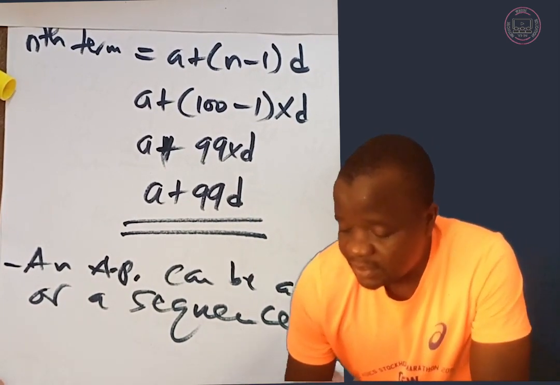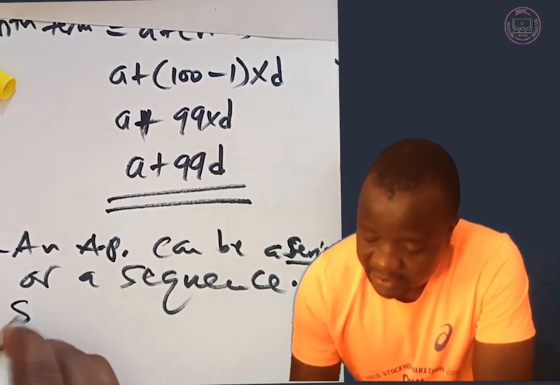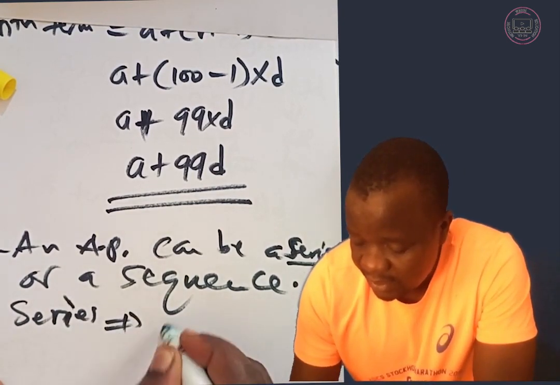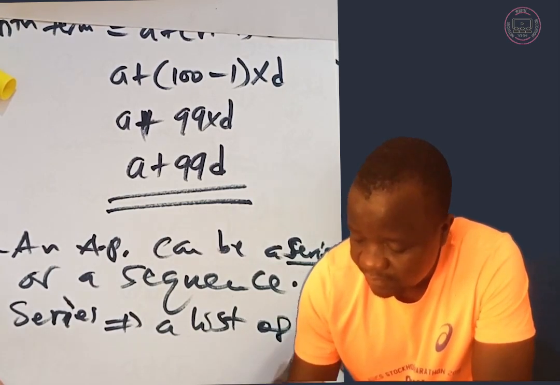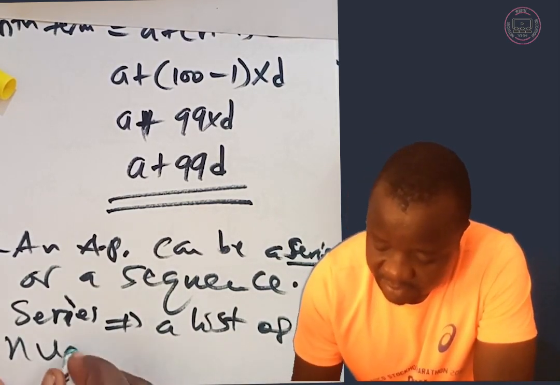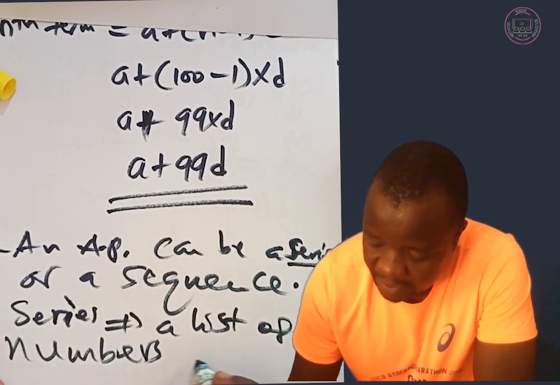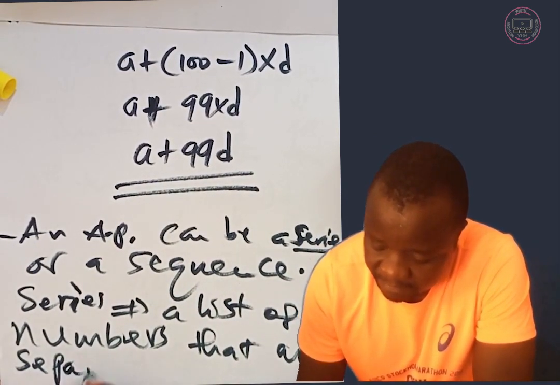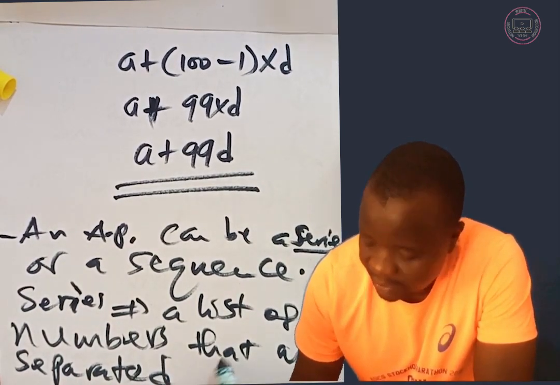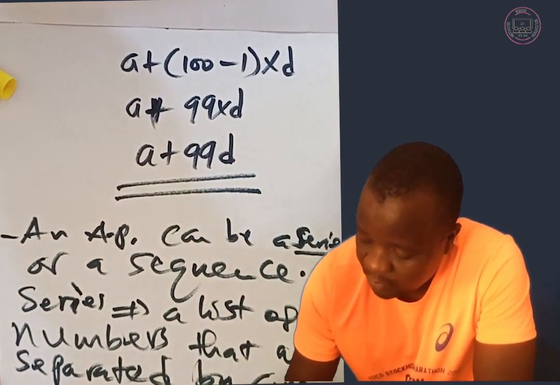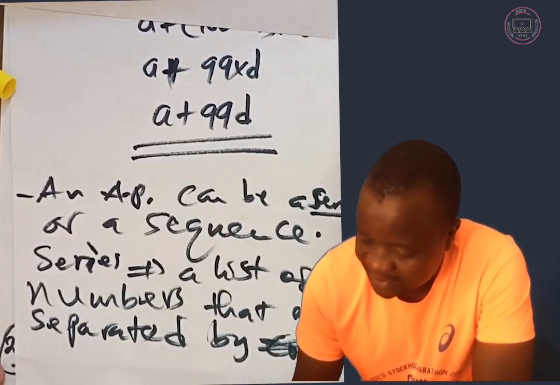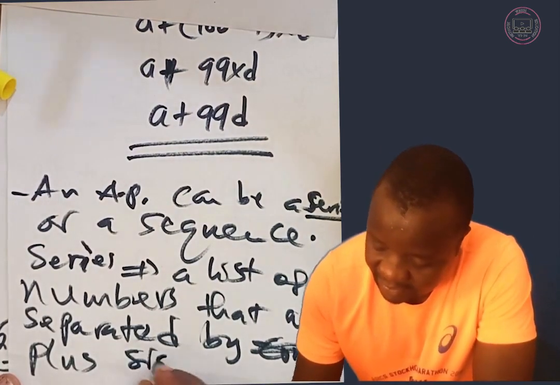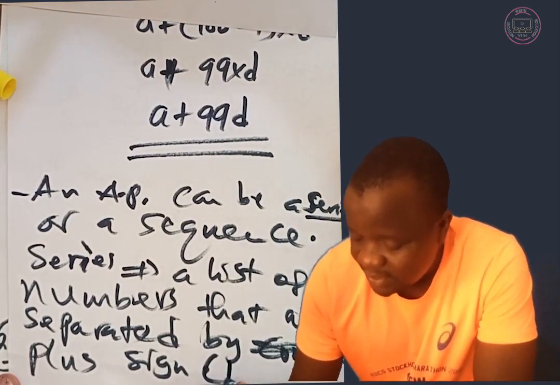What I mean is when you are looking at a series, you are looking at a list of numbers that are separated by plus signs.